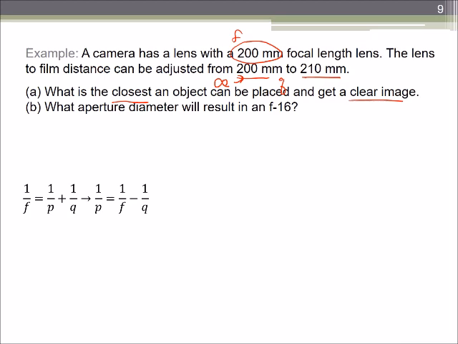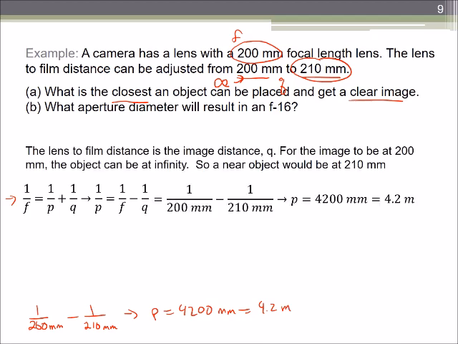So the number we really want to look at for something that's closer is 210 millimeters. So here's our basic lens equation. Solve for 1 over p. So that's what I want to solve for. So we get 200 millimeters minus 210 millimeters gives us a p of 4,200 millimeters, or 4.2 meters.